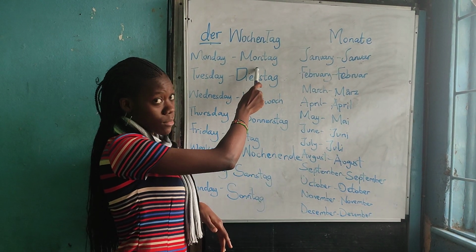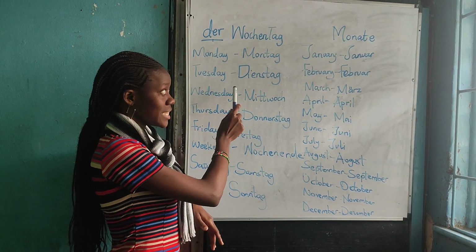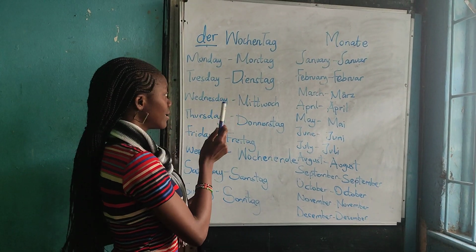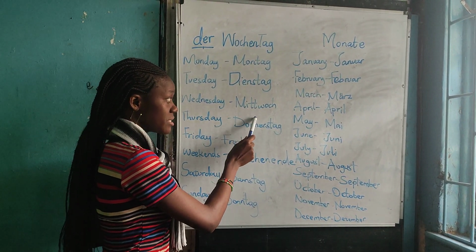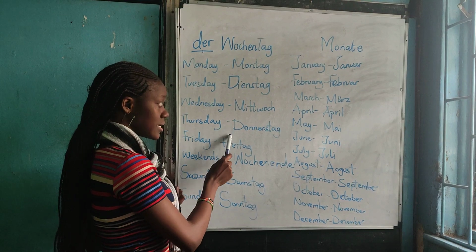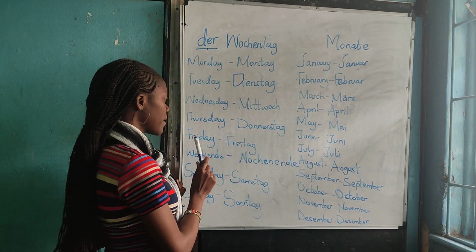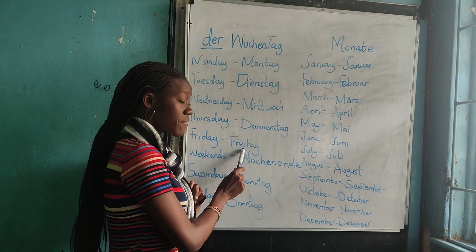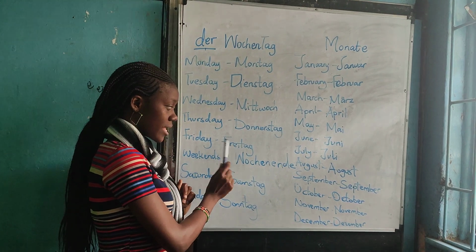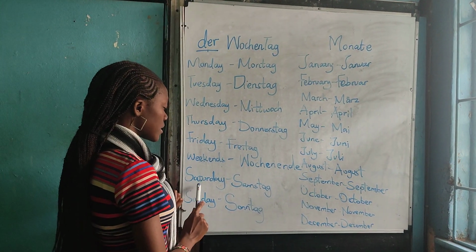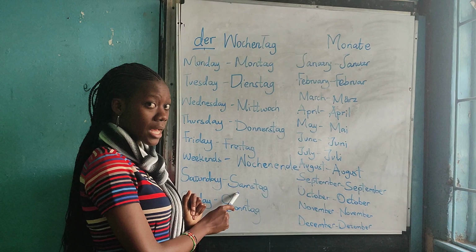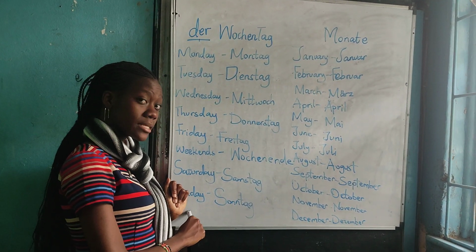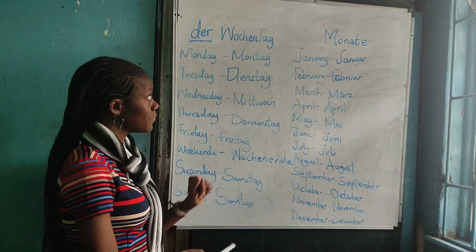So let's go through it again for the last time. Monday ist Montag, Tuesday ist Dienstag, Wednesday ist Mittwoch, Thursday ist Donnerstag, Friday ist Freitag, Saturday ist Samstag und Sunday ist Sonntag, okay?